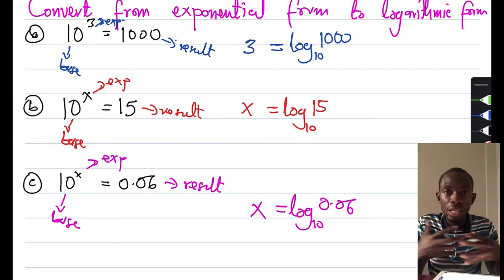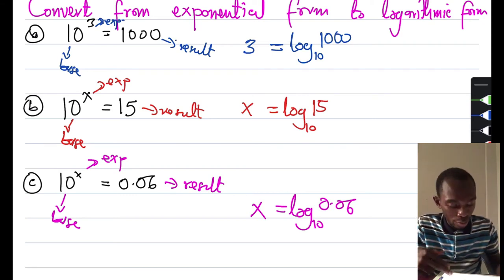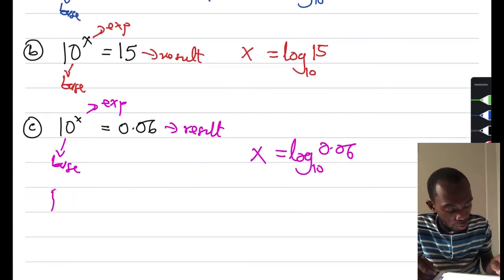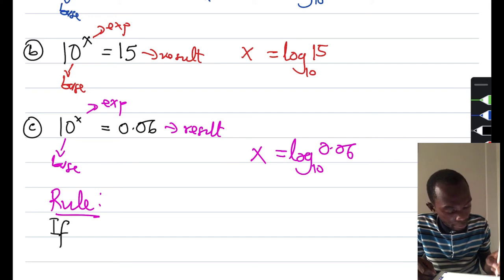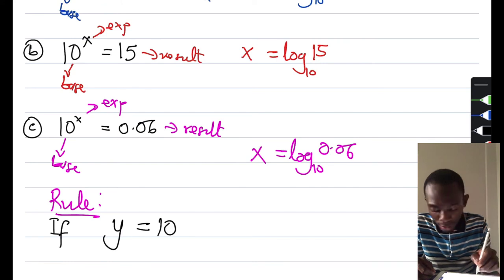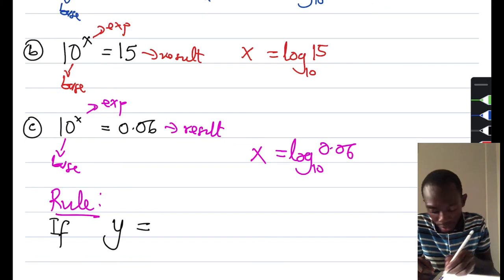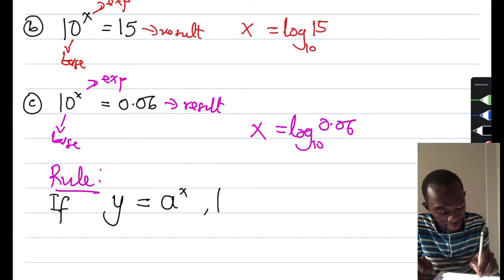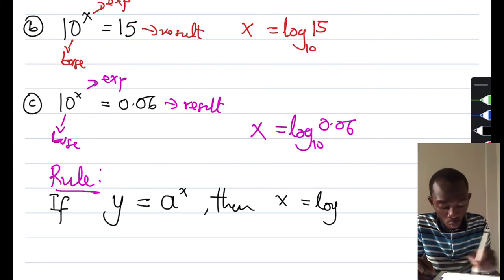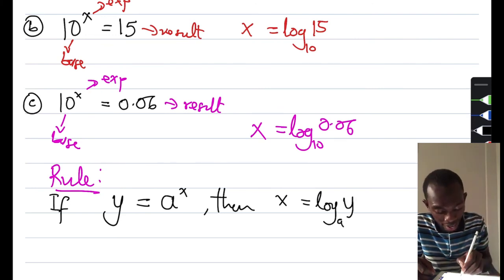Now let's come up with a rule that all of us can use. If we have y is equal to a to the power x, then it will become x is equal to log y, base a.